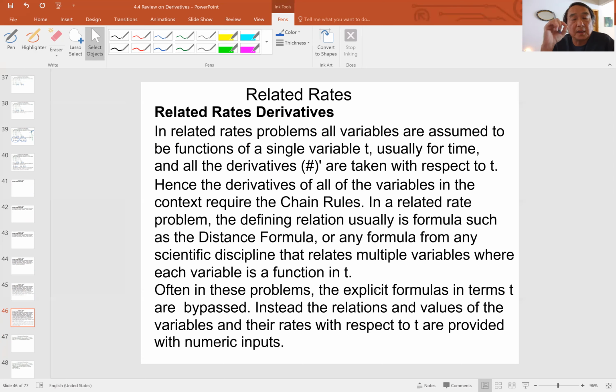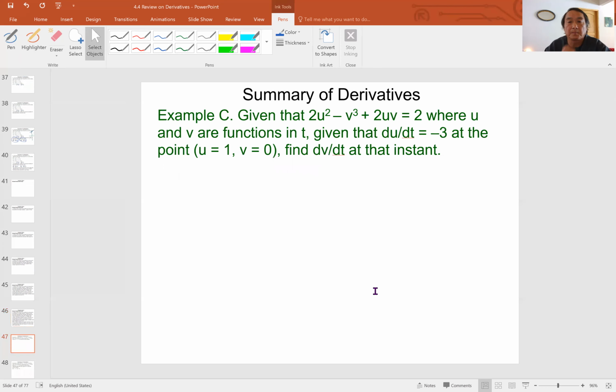We can calculate that particular letter's change with respect to time in terms of all the other letters here. So now everything is a formula in T, meaning when I do the algebra, I have to use chain rule for both letters U and V, because they are actually in terms of T.